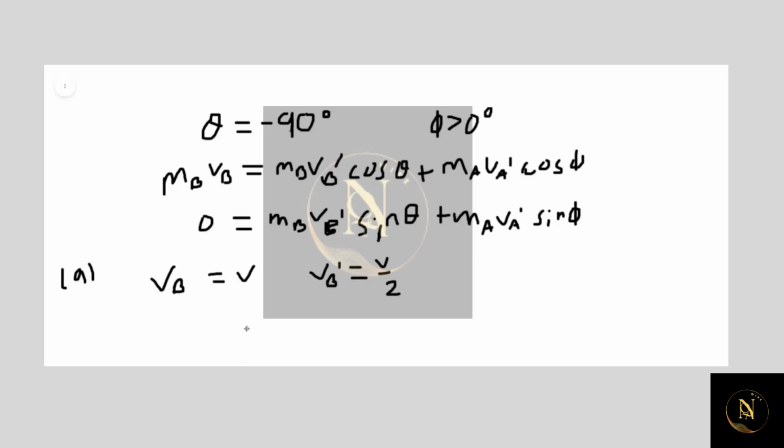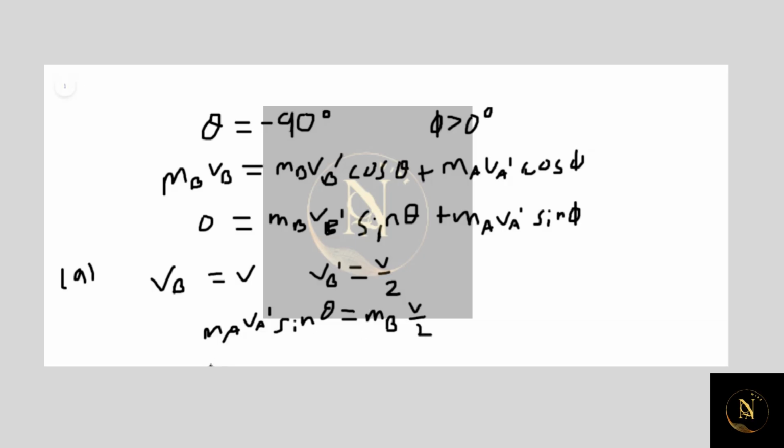We have ma va prime sine phi, for the y part, is equal to mb v over 2.